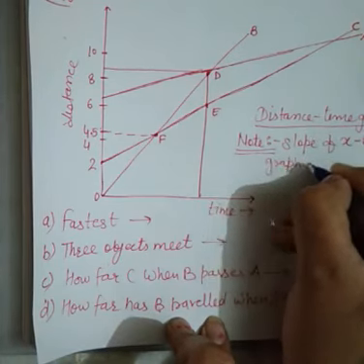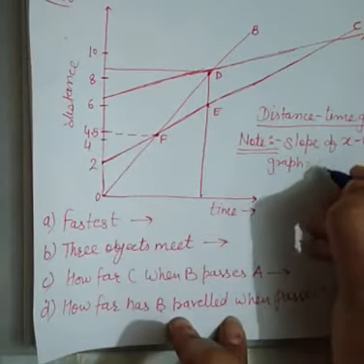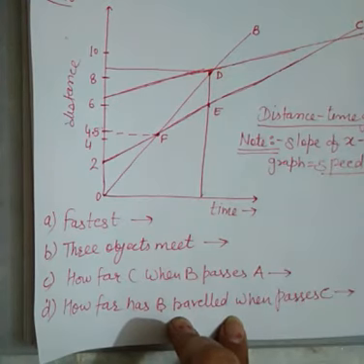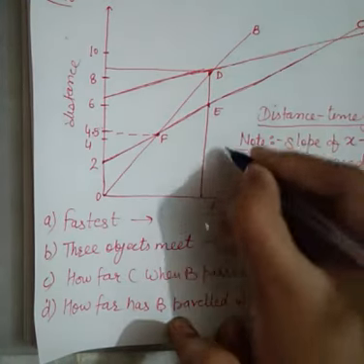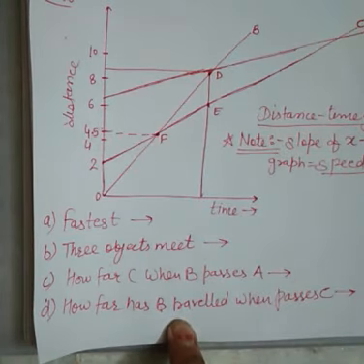Slope means distance upon time. Distance upon time is speed. So it provides us speed. So slope of the xt graph gives us speed. You have to learn this for numericals also, for graph related questions also, and for derivation of 3 equations of motion. Okay, so let's start part A.